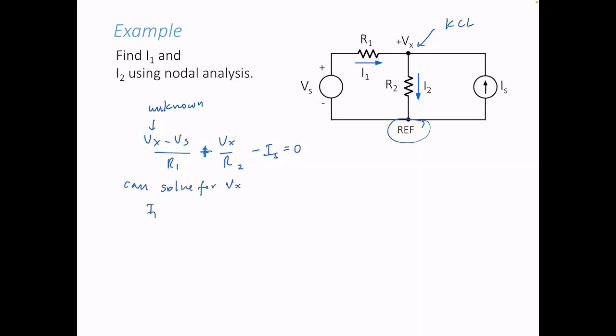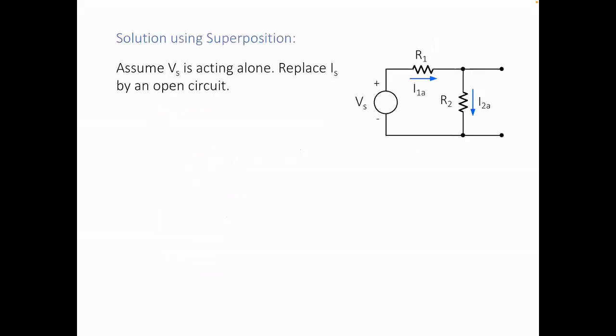And then I1 is just Vs minus Vx over R1. And I2 is equal to Vx over R2. Okay. So you can do this on your own. Let's not go through the details of that anymore. That's what we've been doing since I guess since last week, you know.